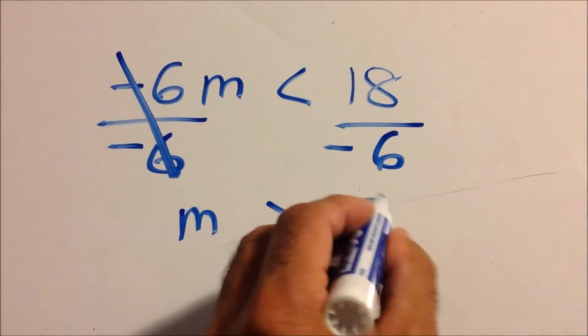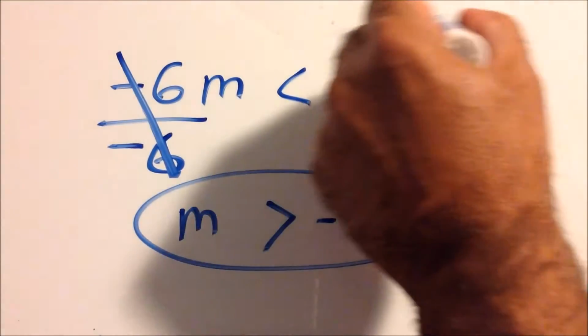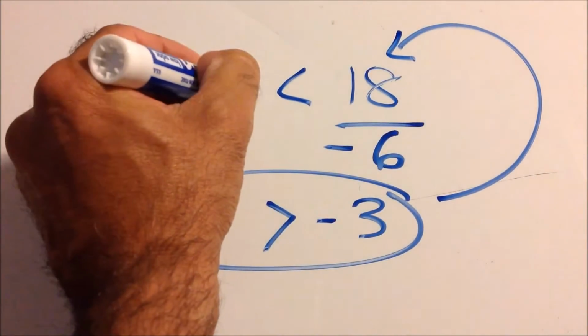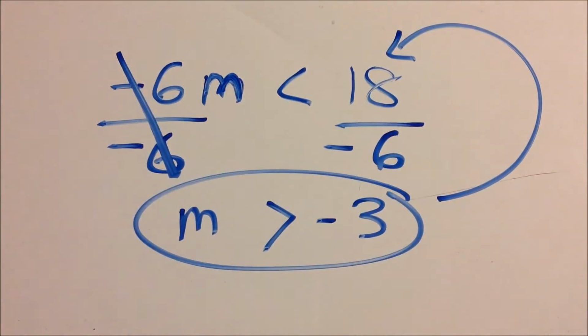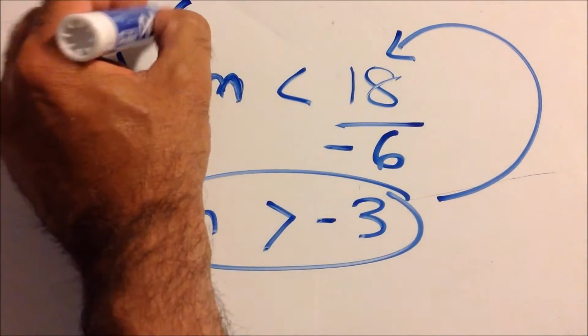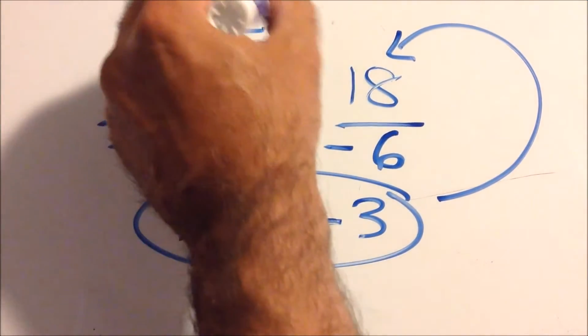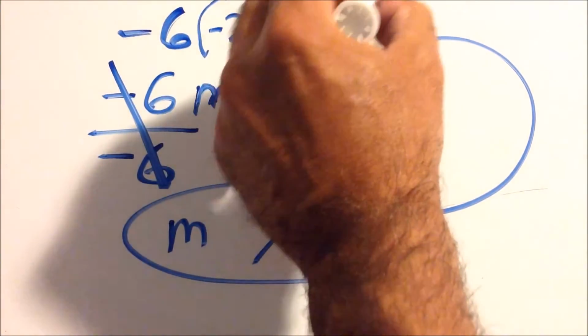So now m has to be greater than negative 3. So go back to the original inequality, this one. Plug in any number that is greater than negative 3 into this equation, and you'll get the proper answer. So if we said negative 6 times negative 2, negative 6 times negative 2 is 12, and 12 is less than 18, so it works.